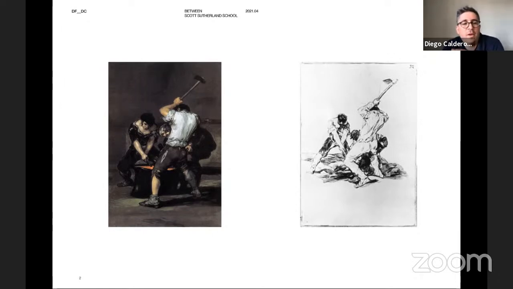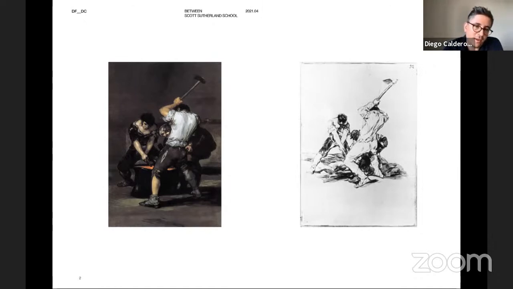A couple of years ago, when we were in a similar situation of having to prepare a lecture, we came up with this image on the left, which is a painting by Goya, a Spanish painter, from already some years back, something like 105 years ago, called the Forge, and it basically shows three characters in the industrial process of forging some metal object over an anvil of some sort.